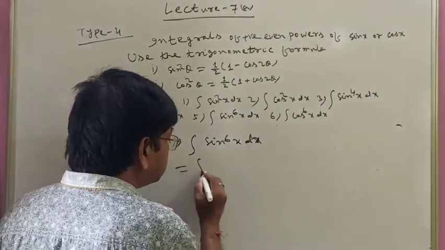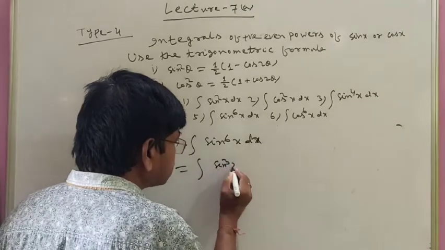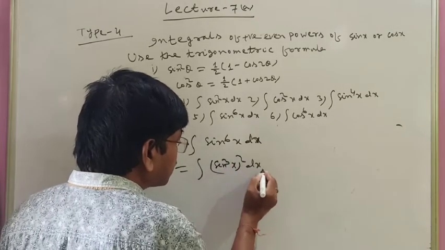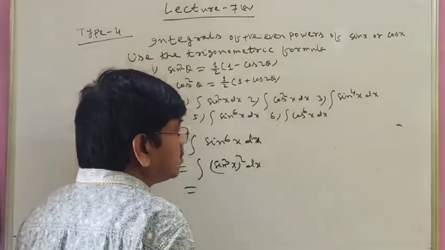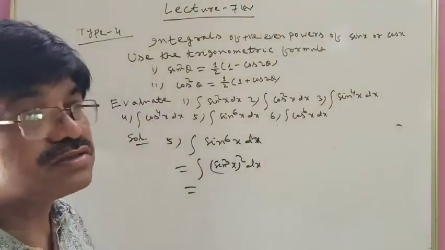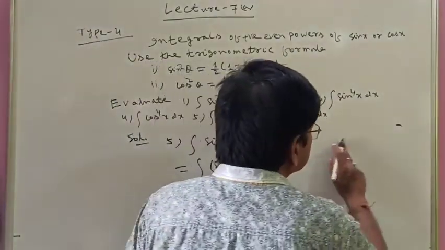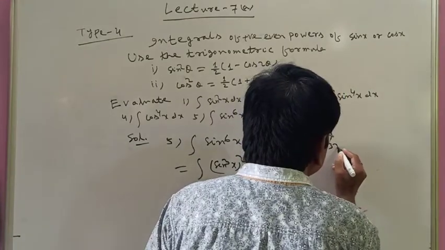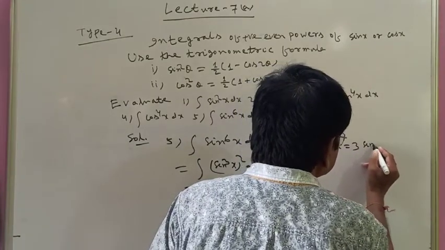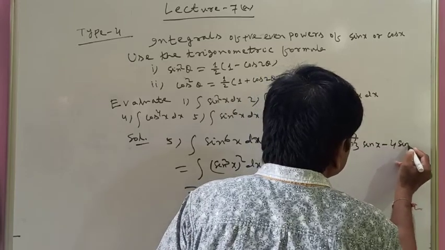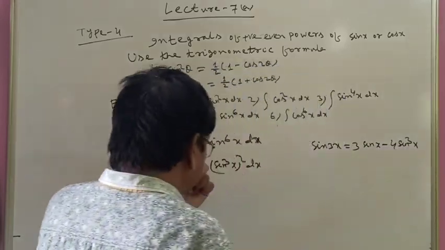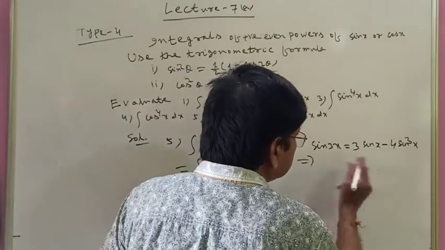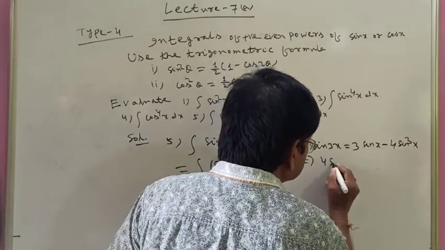So how can you solve it? This is sin cube x whole square. Then for sin cube x, you know the formula in terms of multiple angles. Or suppose you do not remember the formula, then remember the basic concept: sin 3x is 3 sin x minus 4 sin cube x. From this you can find sin cube x.